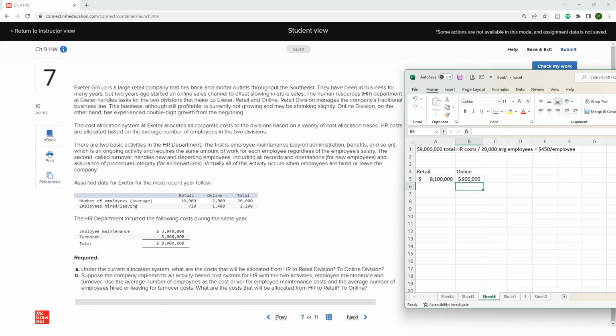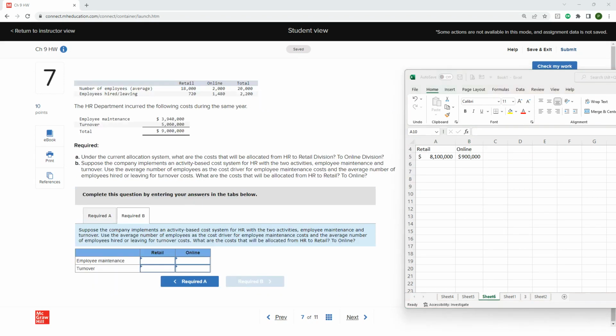For employee maintenance, total cost is $3,940,000. We're going to divide that by 20,000 average employees, because every employee is going to have certain maintenance costs like payroll. We get $197 per employee.